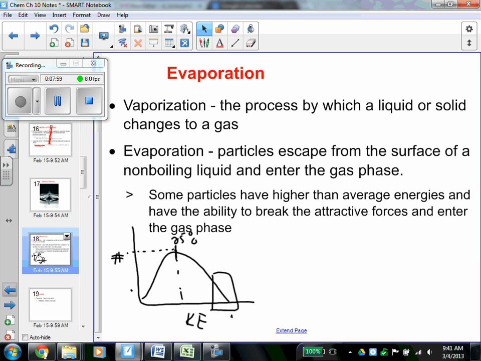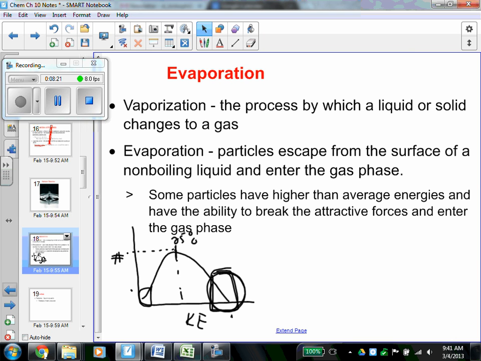In other words, they have extremely high temperature. So the particles that are available to evaporate or vaporize are particles that are at the extreme of this bell curve. Consequently, these particles down here are close to freezing. These particles up here are close to being in the gas phase. So it's only these particles here that are available to go into the gas phase.